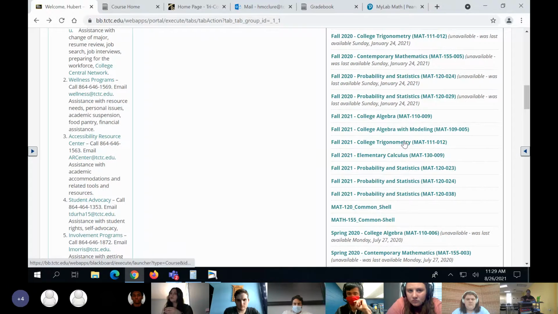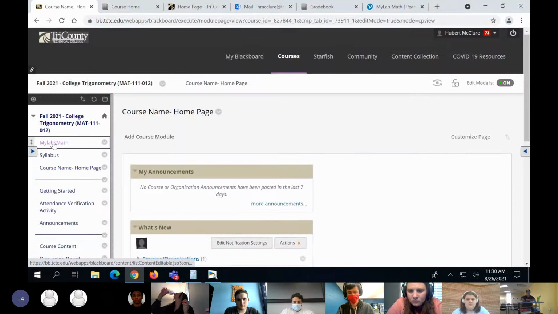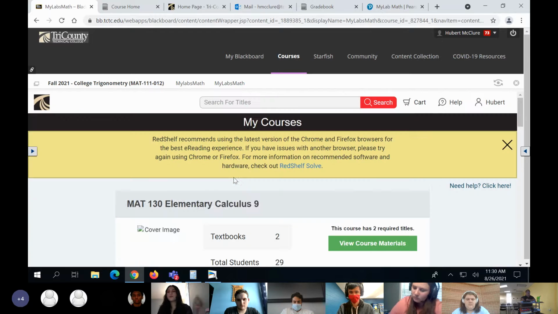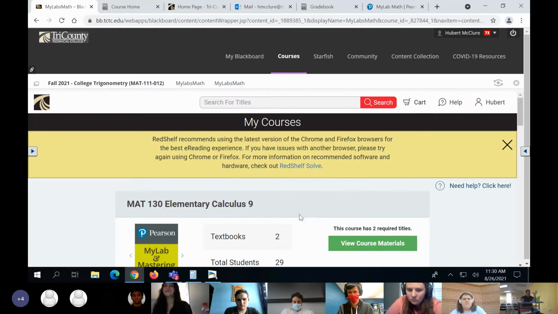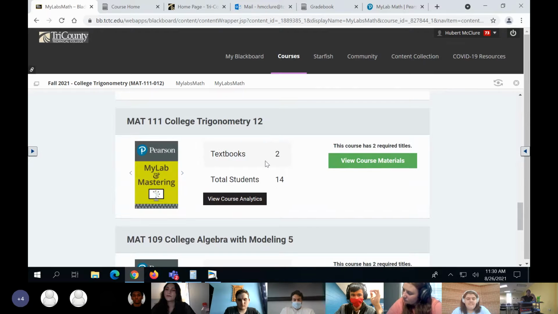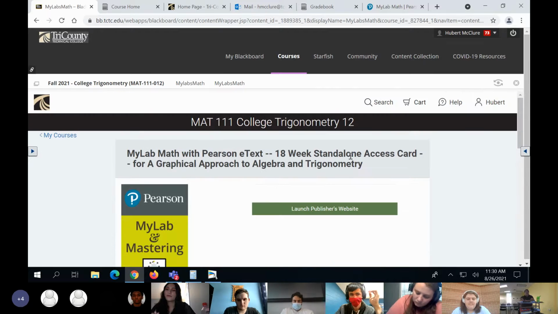Math 111 from Blackboard. MyLabs Math. Answer any questions. Make sure you have Chrome or Firefox before you do this. Go through and type in 111, hit the green button. Hit the green button, launch.